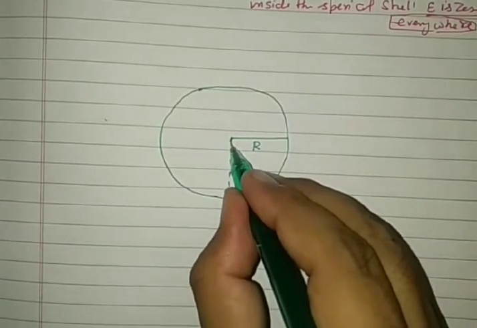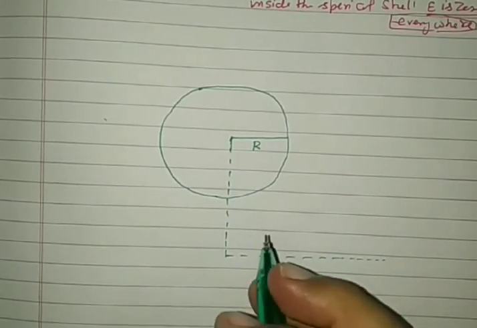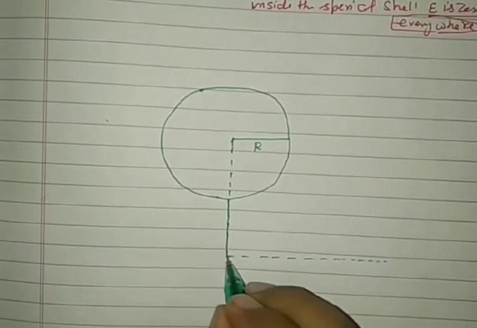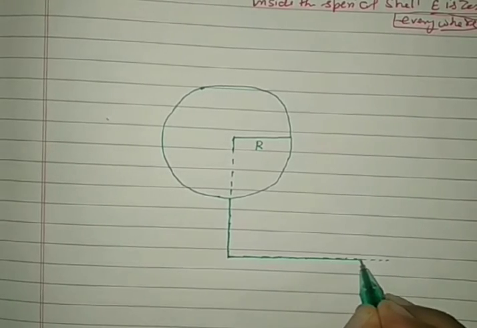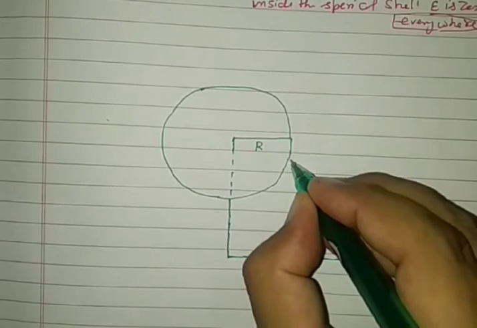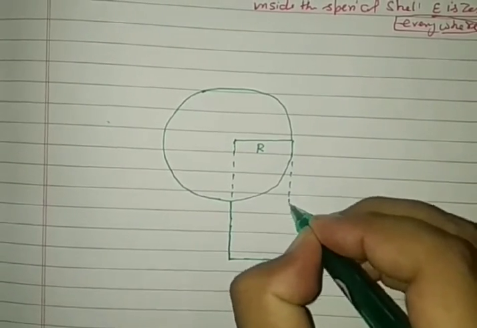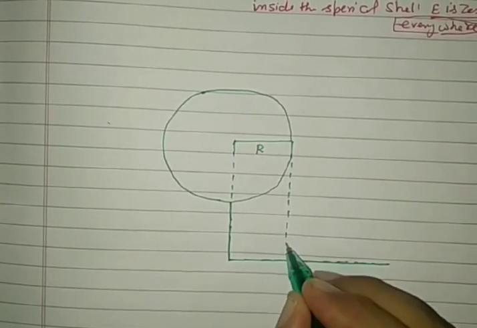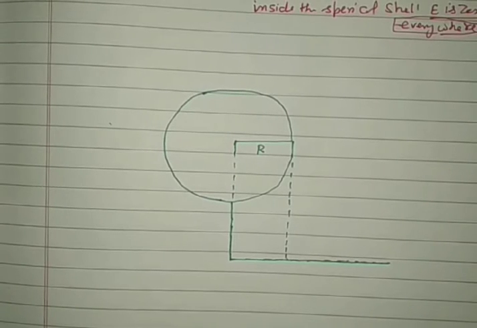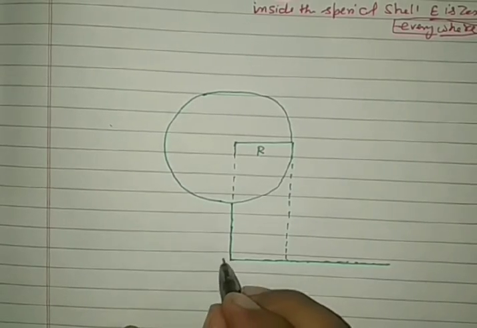Consider this very carefully. We are going to make it with this black pen here. It is 0 at the center.